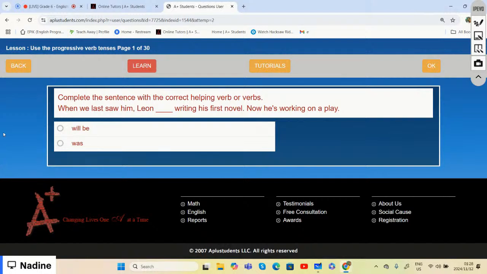It says, when we last saw him, do we say Leon will be writing his first novel, or do we say Leon was writing his first novel? Now he's working on a play.